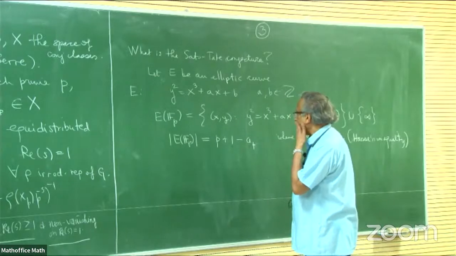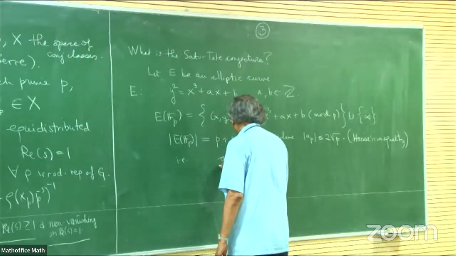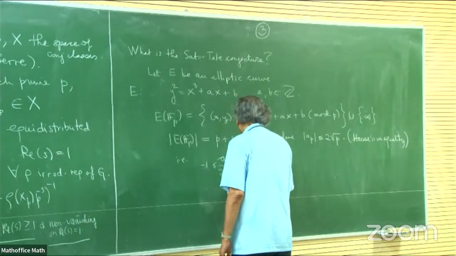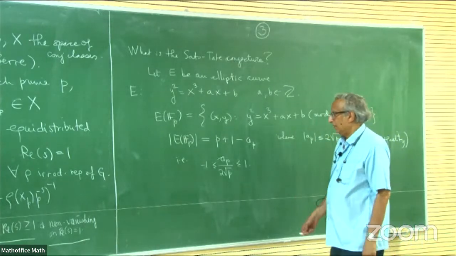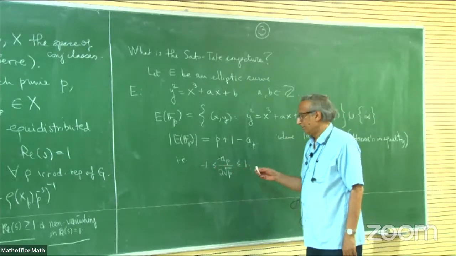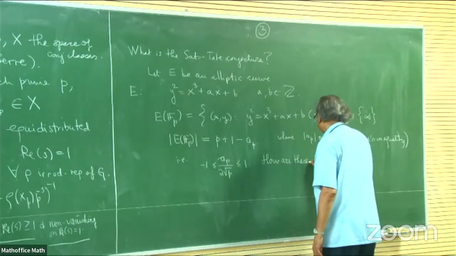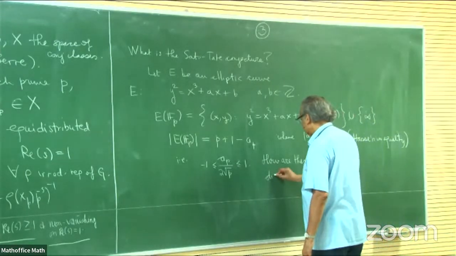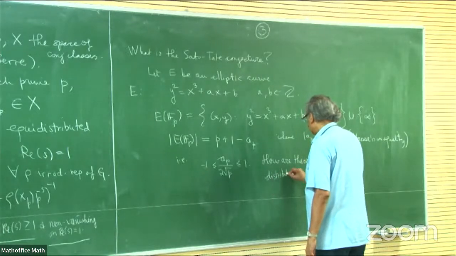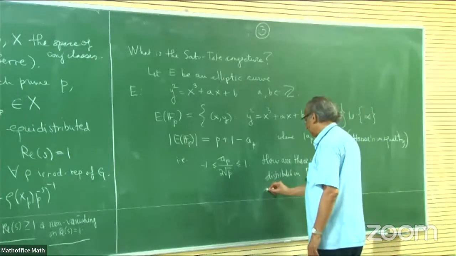So in other words, a sub p divided by 2 square root p is always between -1 and 1. The question is, how are these numbers distributed in this interval -1, 1 as the prime varies?